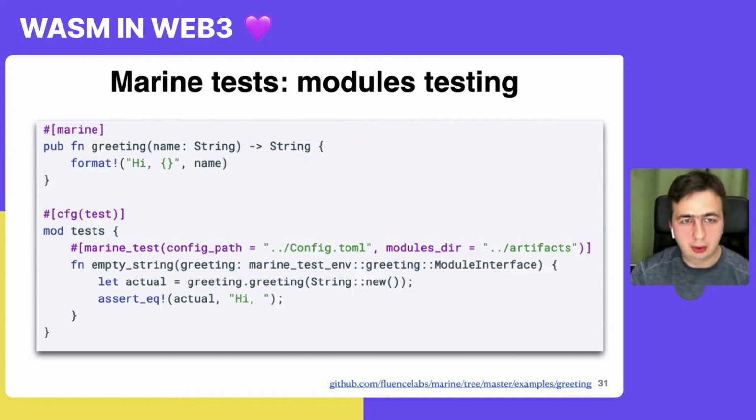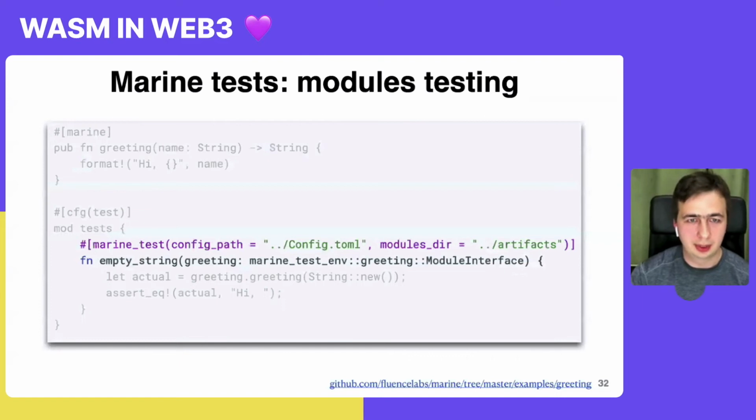To allow users to test their code in the same way as it would be loaded in Marine, we introduce a new macro called marine_test, and here you can see how it works. Here is also our hello world that contains only one function, greeting, and imagine that we want to test it. To test it, we write tests as usual, we wrap it with cfg test and so on.